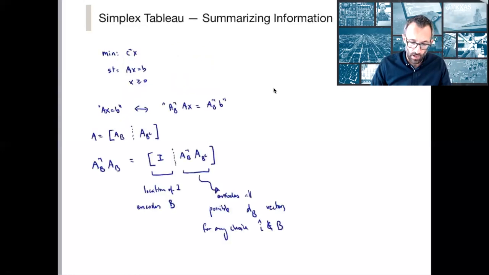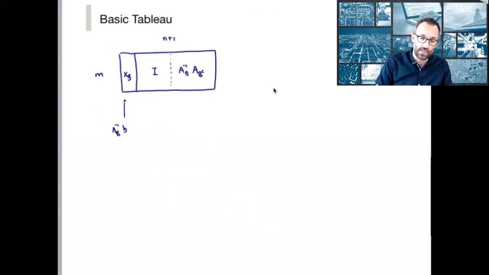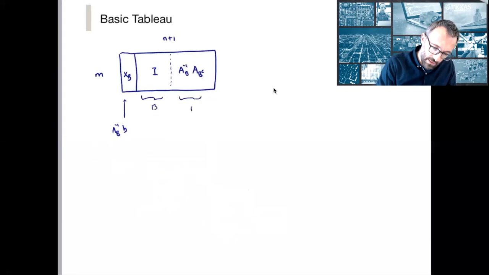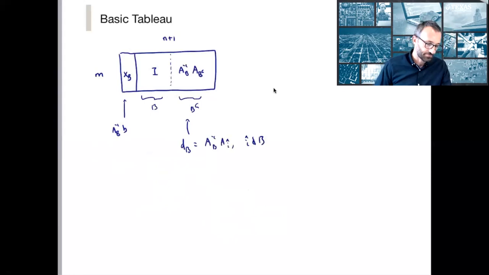Just what we had on the previous slide, but now I'm writing it in a box. So again, this is B, this is B complement. And remember that this encodes all values of dB, which was equal to AB inverse A i hat, where i hat was not in B.